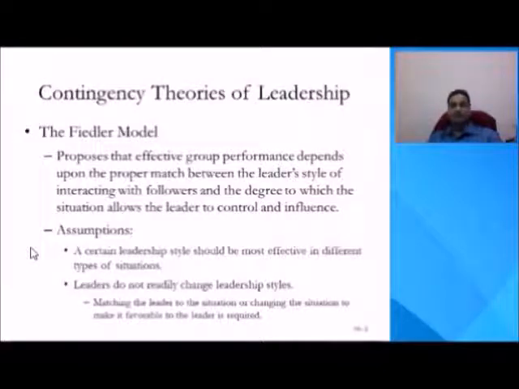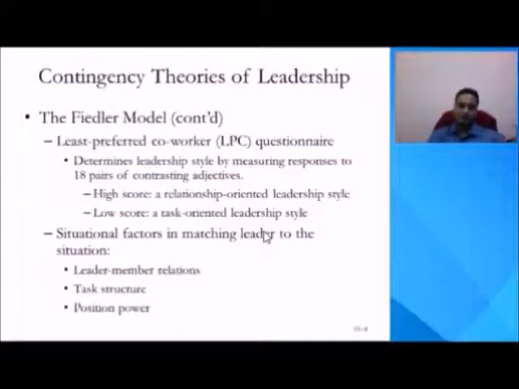So matching the leader to the situation or changing the situation to match the leadership style is what is required. That is again something that may not be practical per se, and that is one of the criticisms that the Fiedler model has. So let us see what this model is all about.